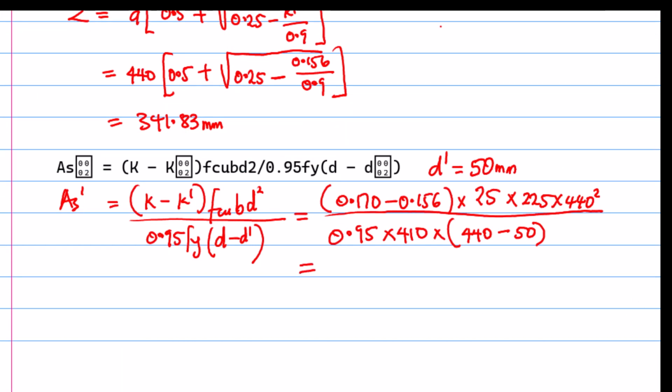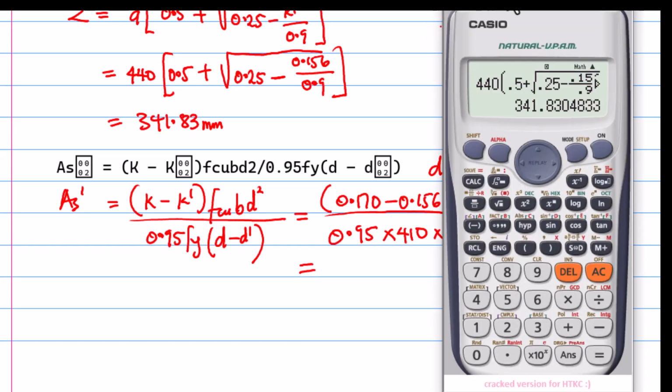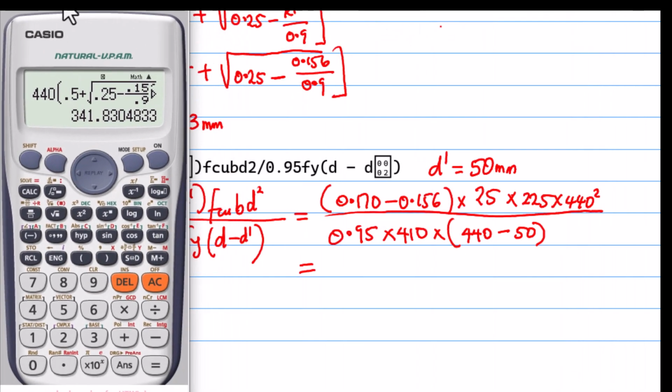So let's bring forth our calculator. Brackets open 0.170 minus 0.156, close the bracket. We have times 25 times 225 times 440 squared.